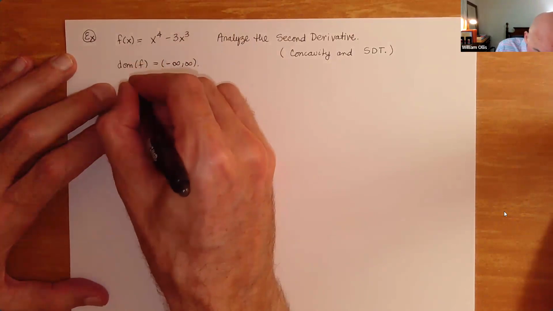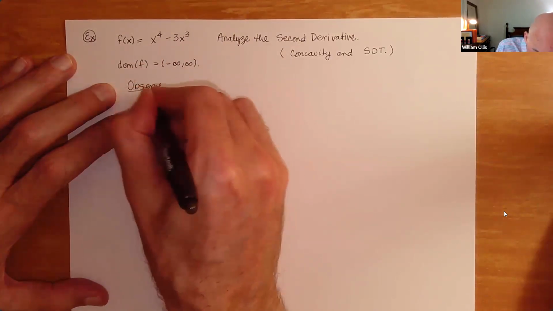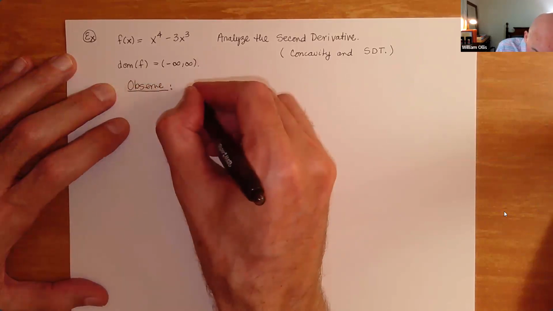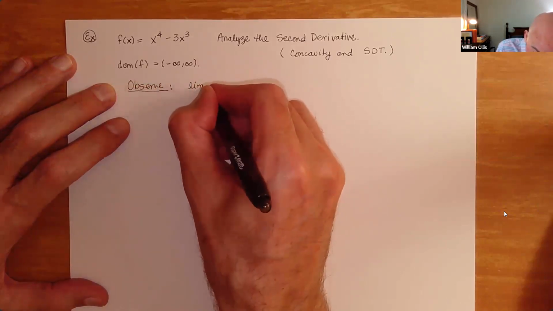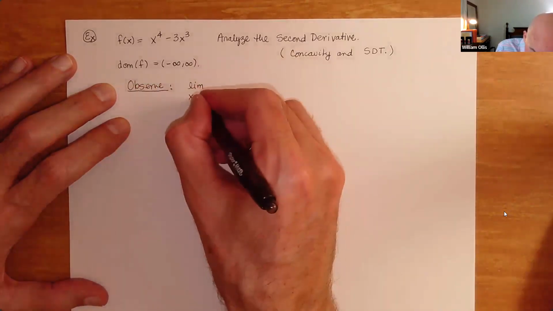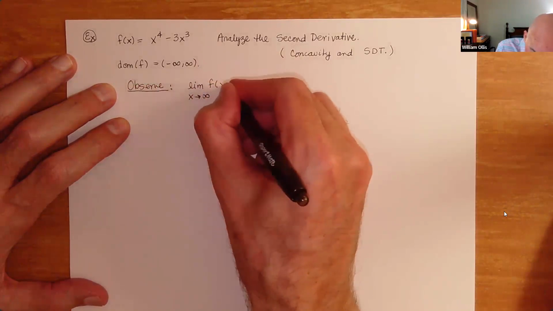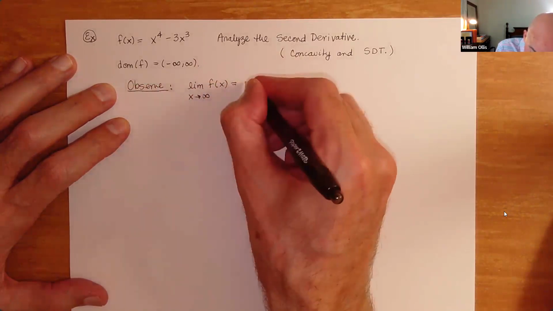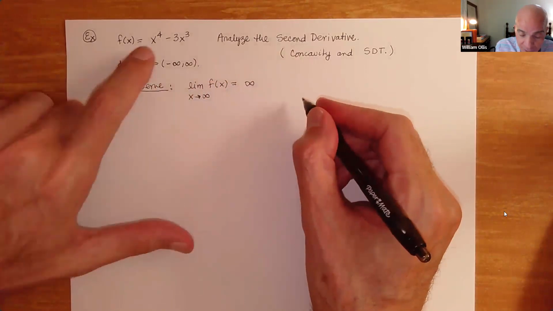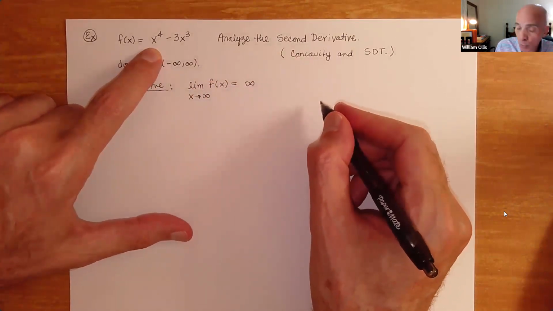And so we want to observe, at least for now, that the end behavior will be infinity. We'll say more about this in our next lecture, but I want to go ahead and talk about it. The limit as x passes to infinity of f of x would now be infinity, because that would be the case of what would happen to x to the 4th as x became arbitrarily large.